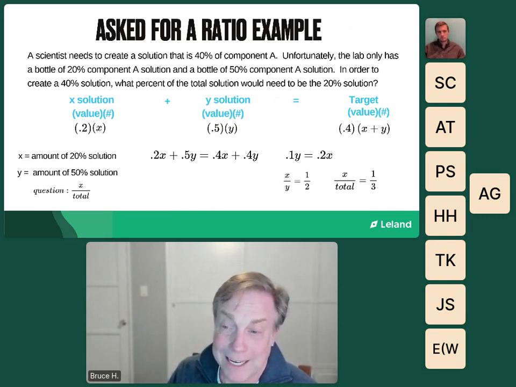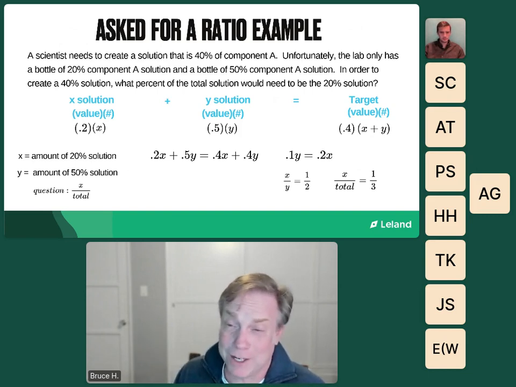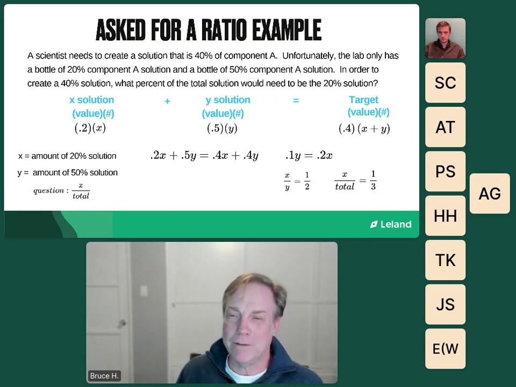Boom. That easy. We didn't have to get a value for X and a value for Y because we were being asked for a ratio. And that is so convenient. There are a number of reasons why we love ratios, but we love ratios for that. And that's, of course, 33.3%.